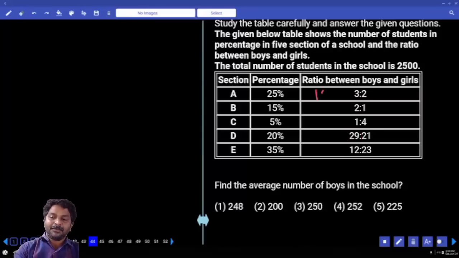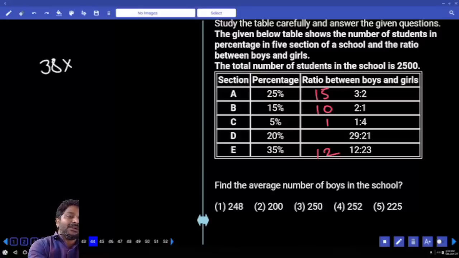Here for A, what percent? 15, and for B 10, and for C 1, and for E 12%. So far the total is 38%. That means 38 into 25. I'm converting into number, right? And then to this, what do we need to add? D value. Yes or no? D value, how much is the total? 29 parts, where we know that one part is 10.